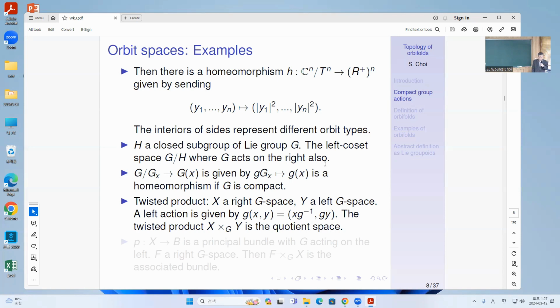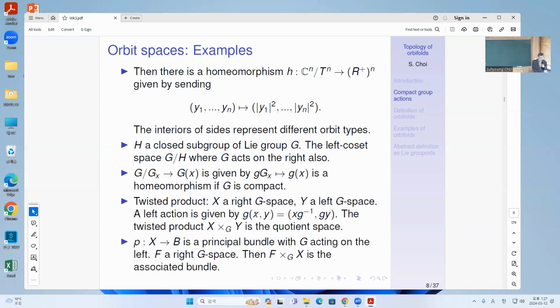This is called the twisted product. People call this the twisted product because for each point of X, you see a Y quotient by G, so you can map this to X where the fiber is like a Y quotient by G. So it's kind of a fiber bundle type of picture.